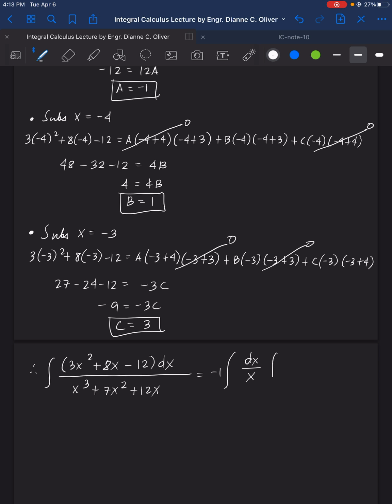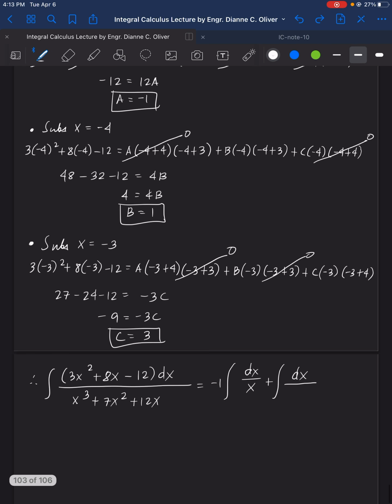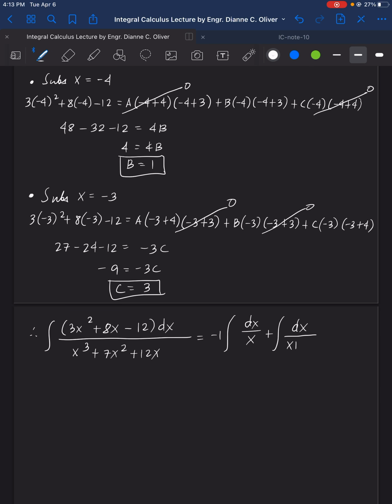The value of B is positive 1, so we have plus dx all over x plus 4, then for C, we have positive 3 dx all over x plus 3.